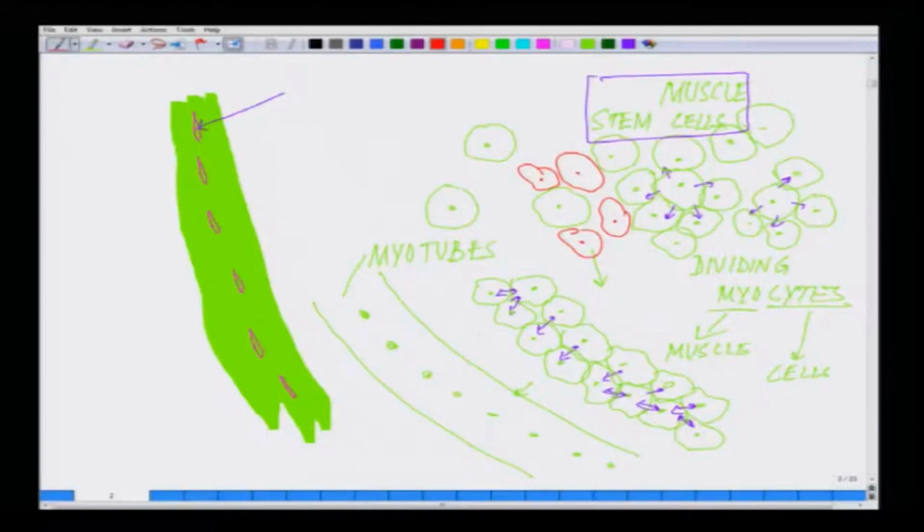Instead of making a myotube like this, they form a very specialized structure like this, a spindle shaped structure.